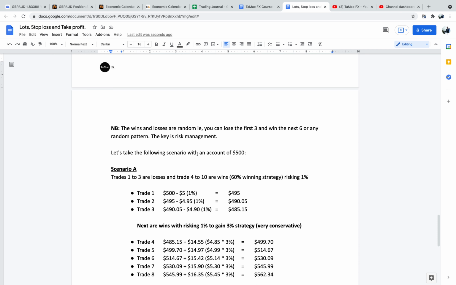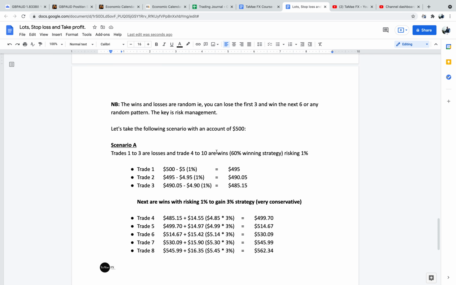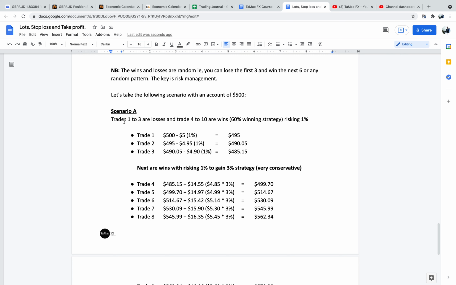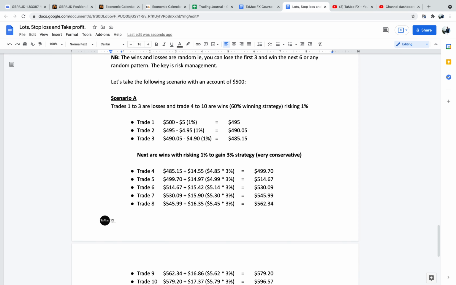Let's take the following scenario with an account of $500. Okay, scenario A. Trades 1 to 3 are losses and trades 4 to 10 are wins with a 60% winning strategy, risking only 1%. So trade 1 with your $500 account, you lose 1%, which is $5, and the balance becomes $495.